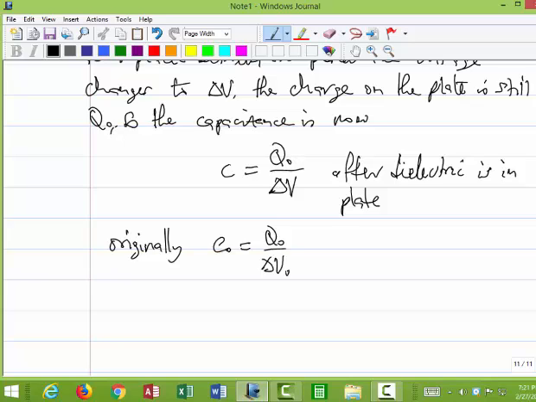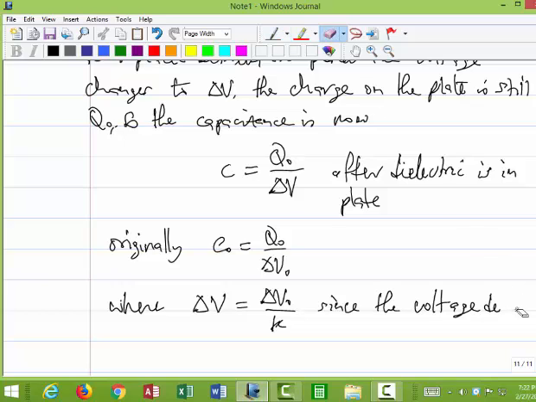After the dielectric, C is equal to Q naught over delta V, where delta V is equal to delta V naught over K, since the voltage decreases. Putting the dielectric between the plates decreases the voltage.